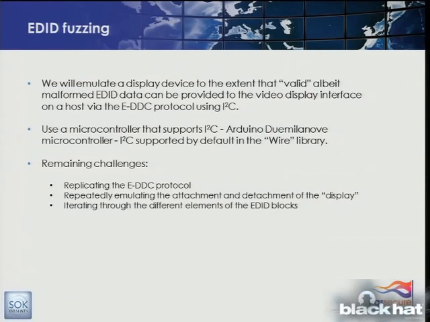I need to emulate the attachment and detachment of the display, because the data that I want to send for each fuzz test case is going to be sent at the point of insertion. So I need to emulate insertion and removal so that I can iterate through the different fuzz test cases. And obviously I need to go through the different elements within the different EDID blocks and manipulate that data to create my different fuzz test cases.